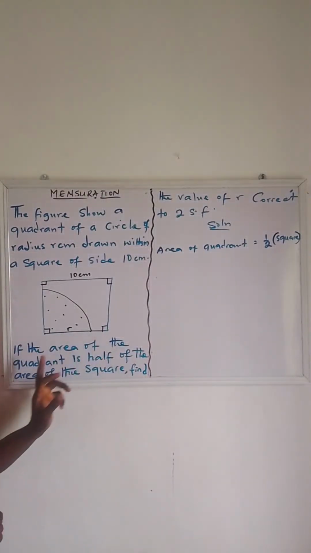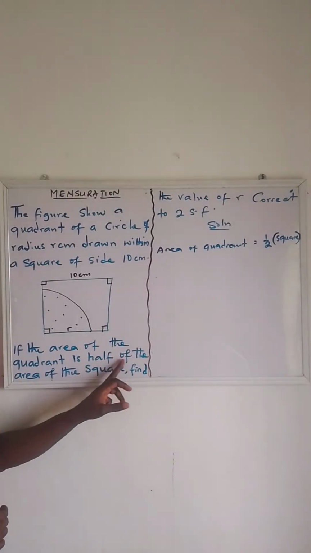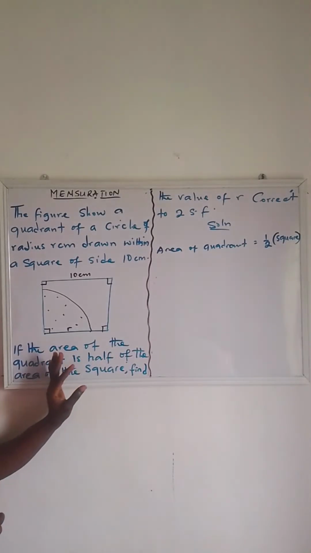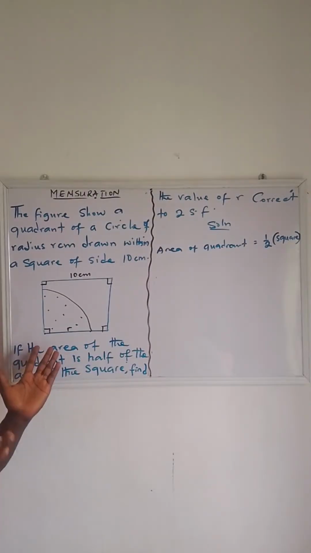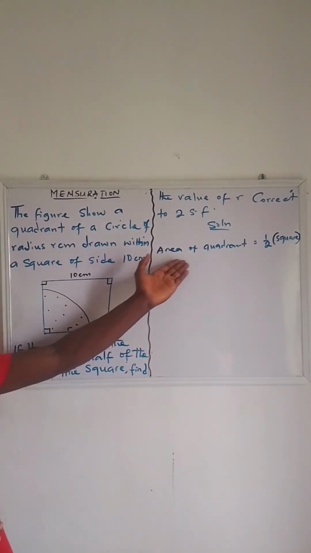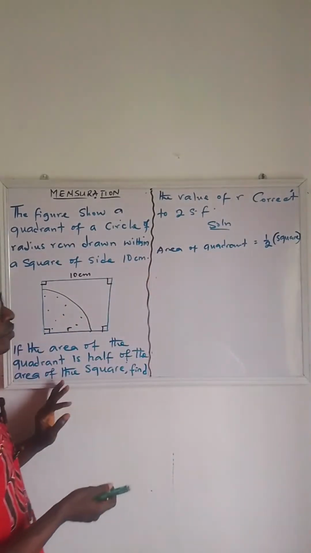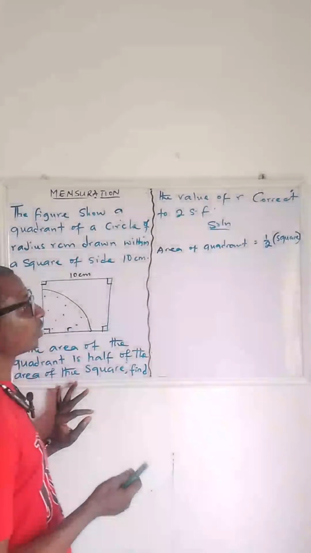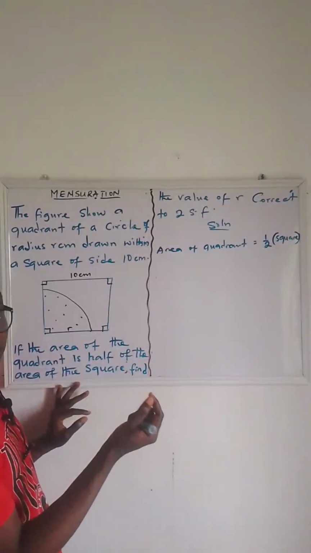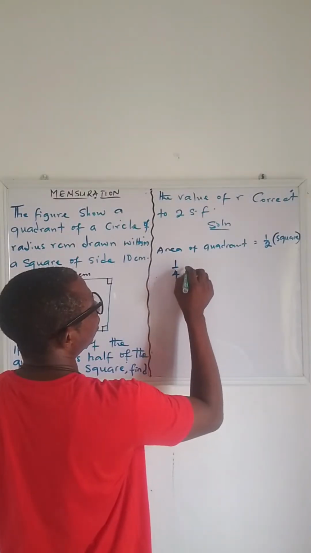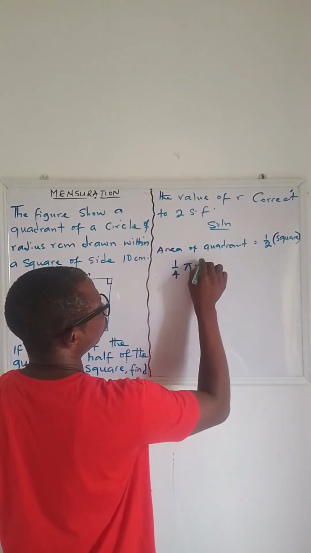Now, if the area of the quadrant is half of the area of the square, this is where I need to pay attention. Let us write out the formula for the area of a quadrant. Since it is 1/4 of the area of a circle, I will just write 1/4 of pi r squared.